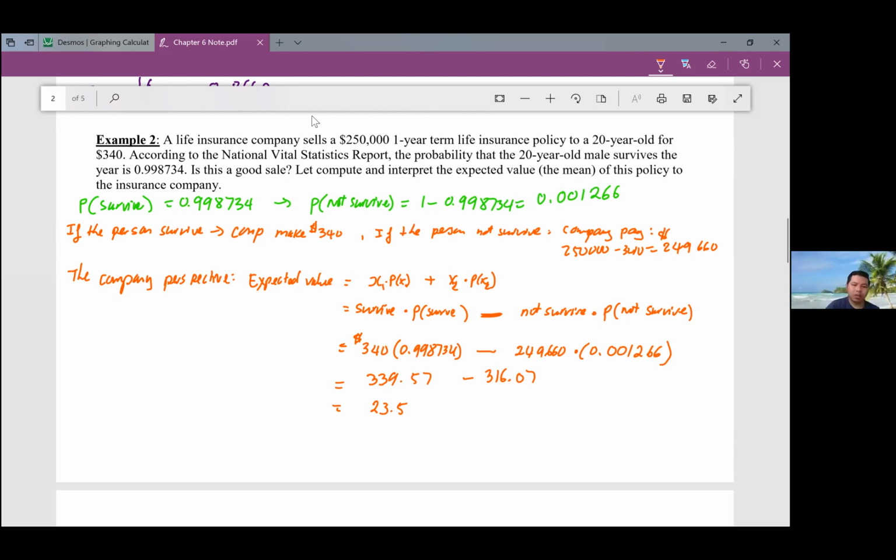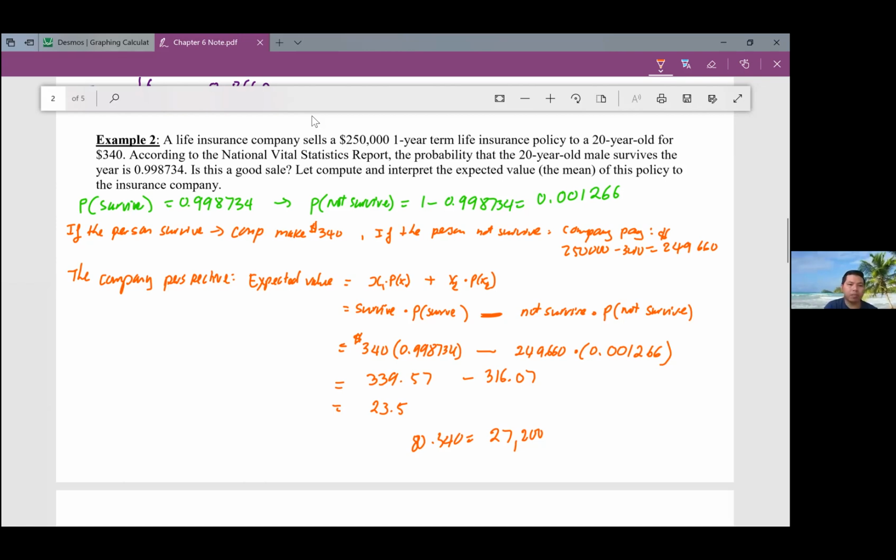So if you take 80 times 340, right? The maximum we pay out will be $27,200. So that's after 80 years, right? From the year we're starting the life insurance, we still pay out $27,200, and you take that 250,000 away, right?